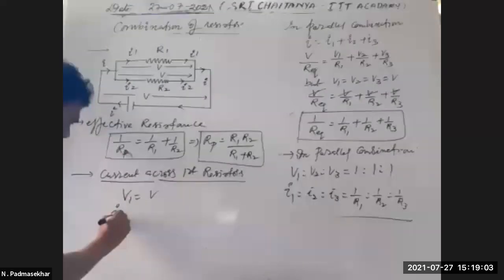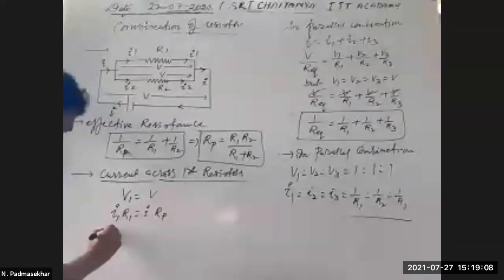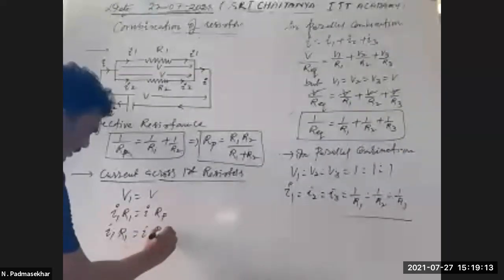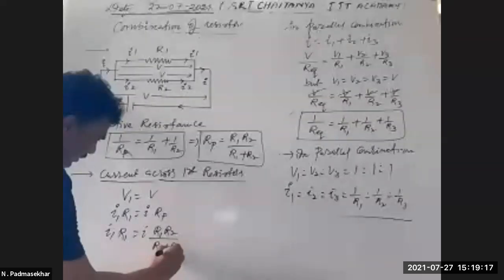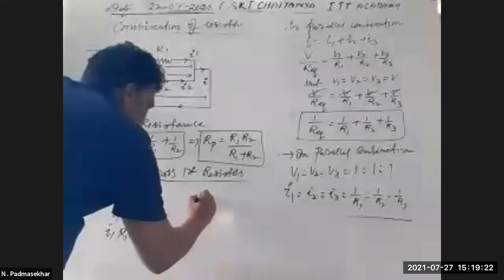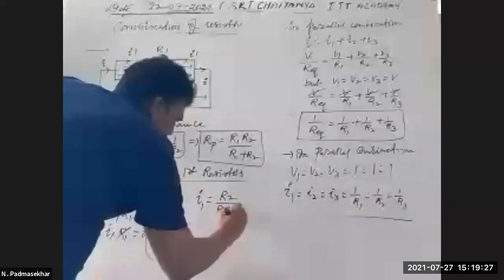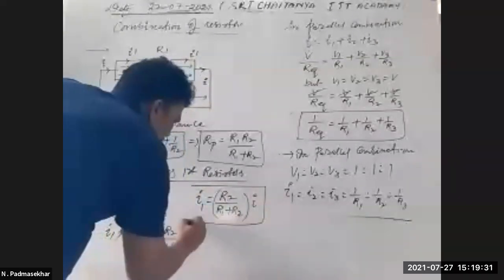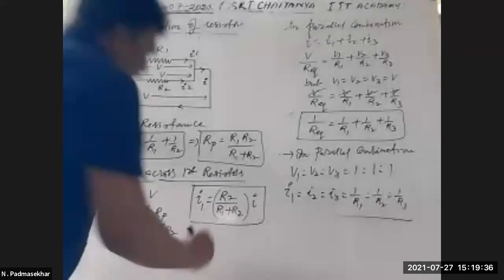V1 is equal to V. V is equal to I1 R1. This is I RP. So I1 R1 is equal to I RP, which is R1 R2 by R1 plus R2. So this R1 and R1 is cancelled. I1 is equal to R2 by R1 plus R2 into I. This is the current across the first resistor.